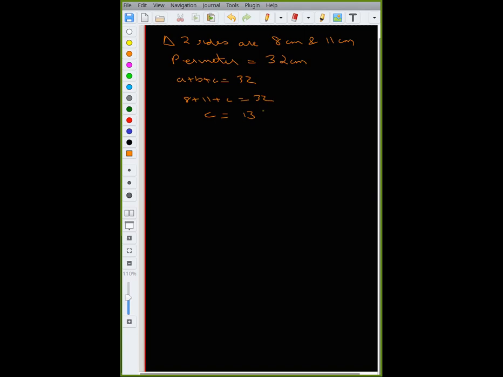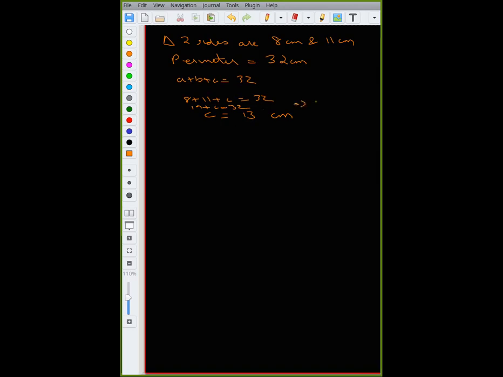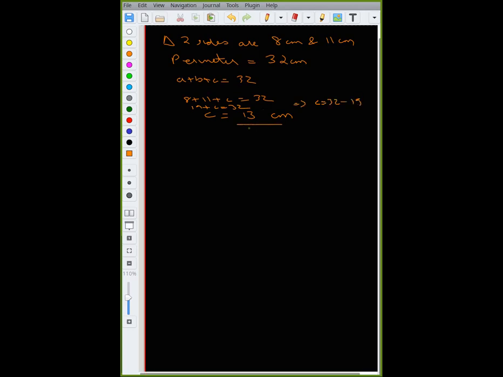Yes, sir. This is 19 plus c is equal to 32, right? Yes, sir. When we transpose on the other side, what will we get? C is equal to 32 minus 19, which is 13. How did you get 45?